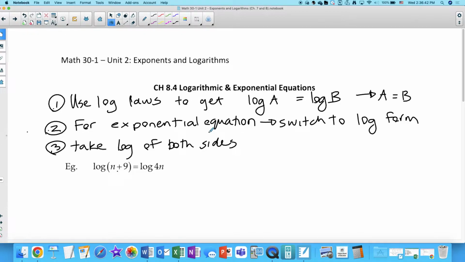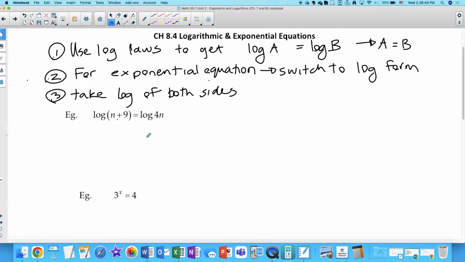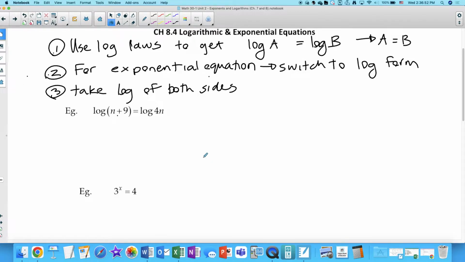Okay? So let's start with something pretty simple. Here we've got log of n plus 9 equals log of 4n. So we already have the format log equals log. If we have that format, and especially if the bases are the same, we can conclude that n plus 9 has to equal 4n.